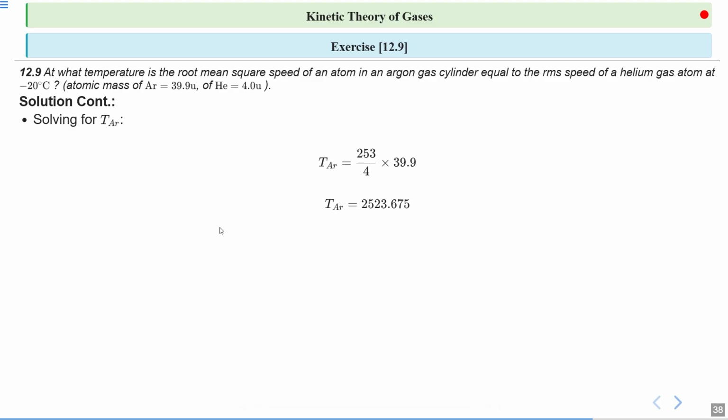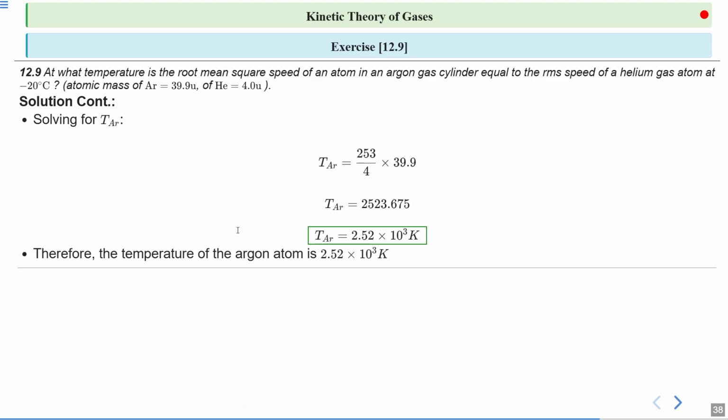So T_Ar is equal to 2523.675, so T_Ar is equal to 2.52 into 10 raised to the power 3 Kelvin. This is a concise way to express the temperature, making it easier to communicate. Therefore, the temperature of argon is 2.52 into 10 raised to the power 3 Kelvin.